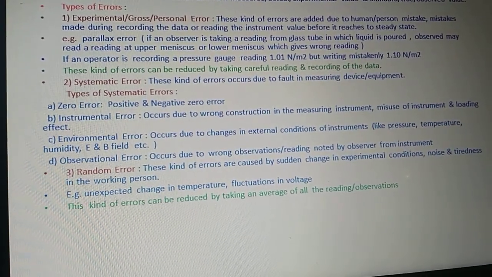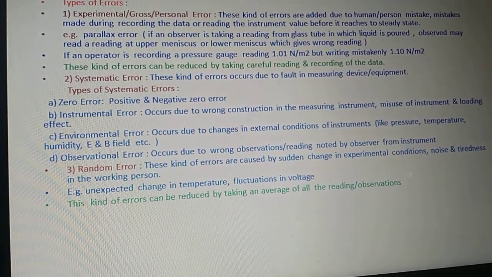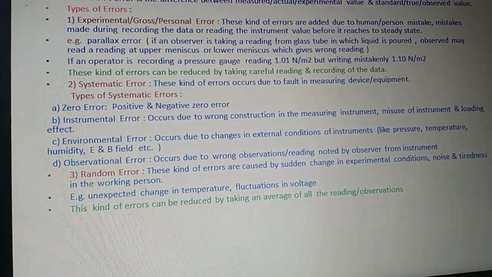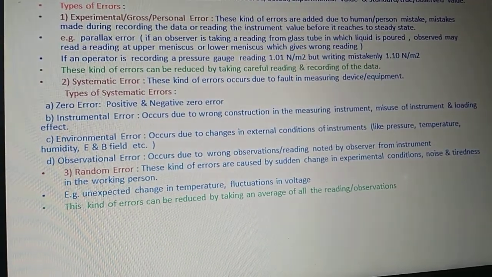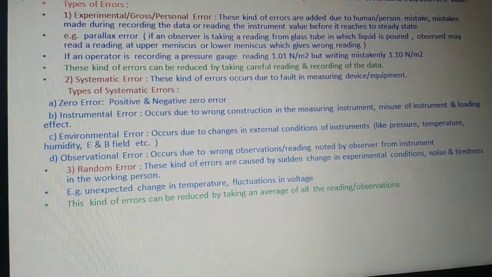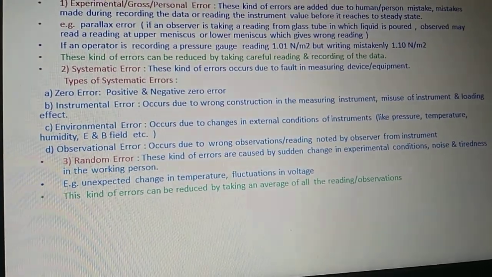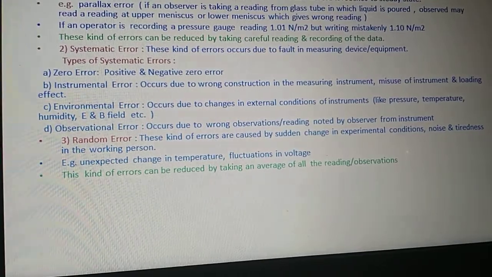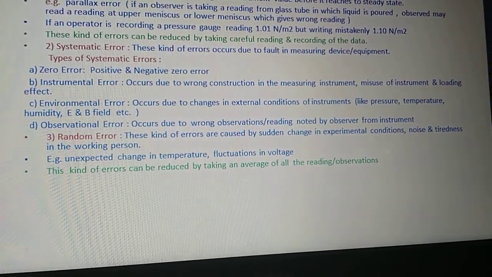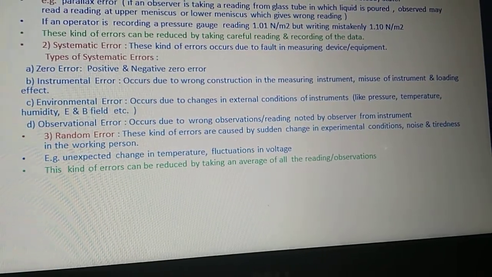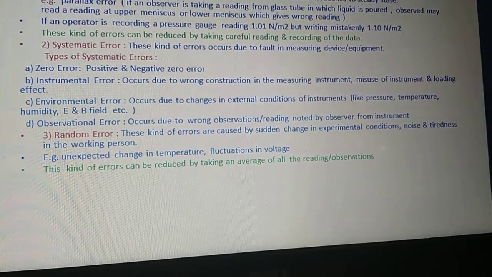Zero errors are of two types: positive zero error and negative zero error, and I think you can easily understand what is meant by positive zero error and negative zero error. Let's go for the next kind of error. The next type of error is the instrumental error. These instrumental errors occur due to a wrong construction in the measuring instrument.